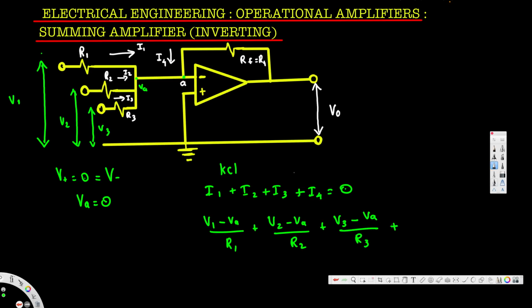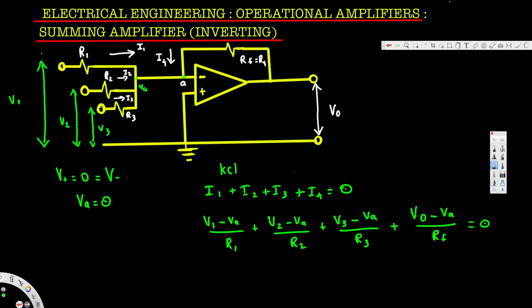We assume the I4 direction as this one, so it is going to be VO minus VA divided by the resistance in between. That's going to be RF, or you can say R4. You can write both ways, but it's better to write feedback resistance. So this is VO minus VA divided by RF, and that's equal to 0.